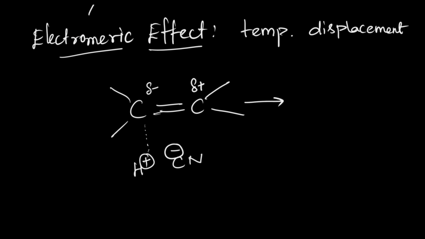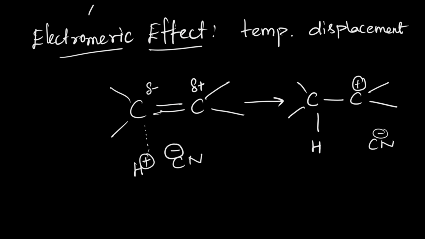With the bond breakage, here comes C with the H plus attached to the CH, and this carbon becomes positive, followed by CN attack, so that CN and HCN will get attached. What if, instead of H plus, this CN starts the reaction? Then one of those carbons will get a negative charge. That is carbocation formation and carbanion formation, which is the electromeric effect.